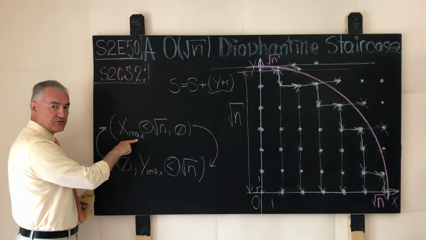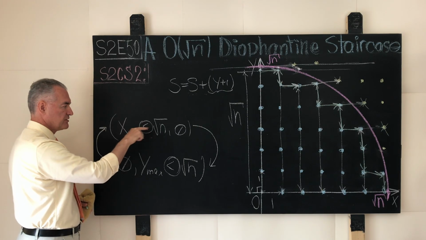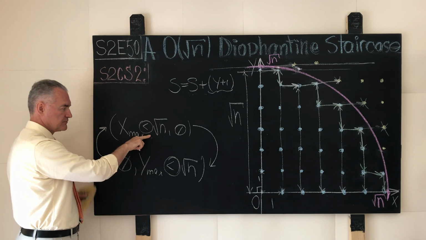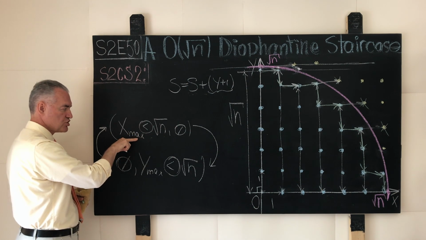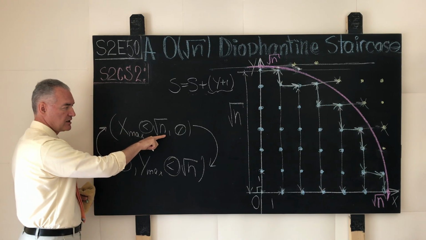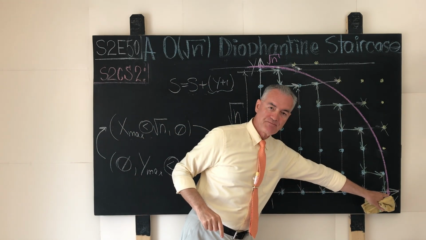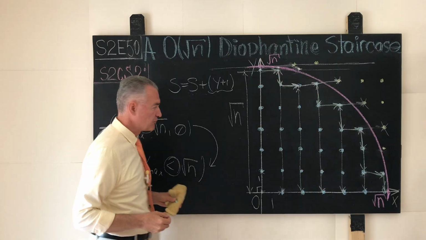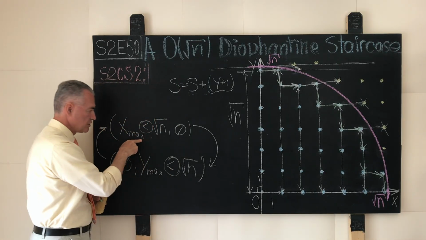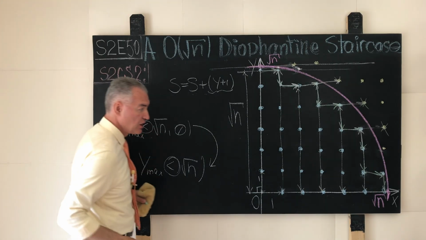X max, or the highest value of x that is still under, this is my improvisation over here, the less than in the circle, saying that the largest value of x that is still less than square root of n. This is a point over here on the x-axis. It has integral coordinate 0 and the largest value of x such that that x is less than square root of n.